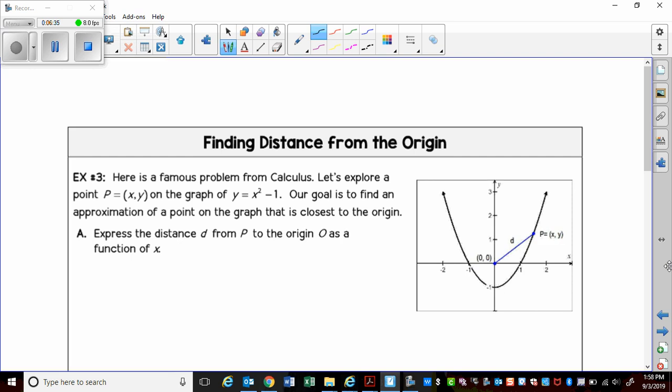Now finding the distance from the origin. First, I'm going to write down the distance formula, what we learned maybe in Algebra 1 or Geometry. The distance equals the square root of (x minus x) squared plus (y minus y) squared.